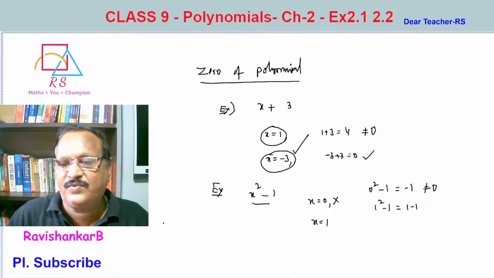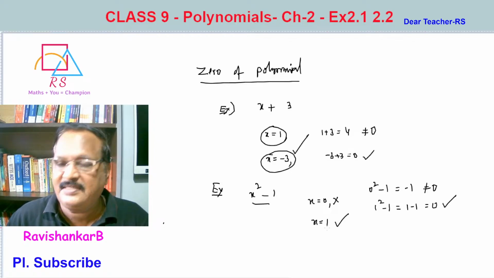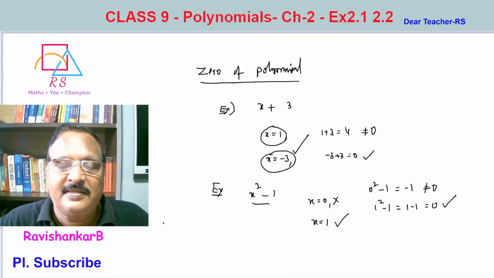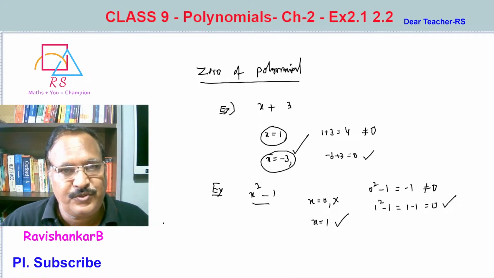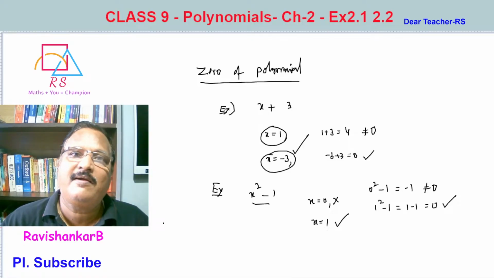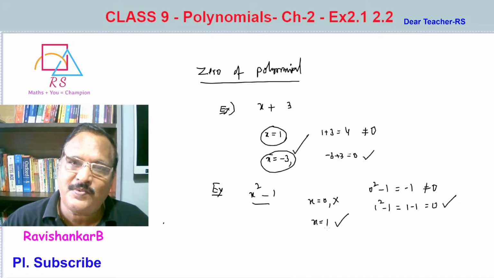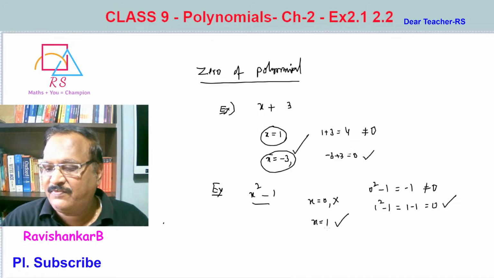So 1 minus 1 is equal to 0. Yes, 0. Therefore, x is equal to 1 is a 0 of this polynomial. So the definition of the 0 of a polynomial: you substitute the value of the variable, and if the value of the polynomial is 0 for that value, then that is the 0 of the polynomial.